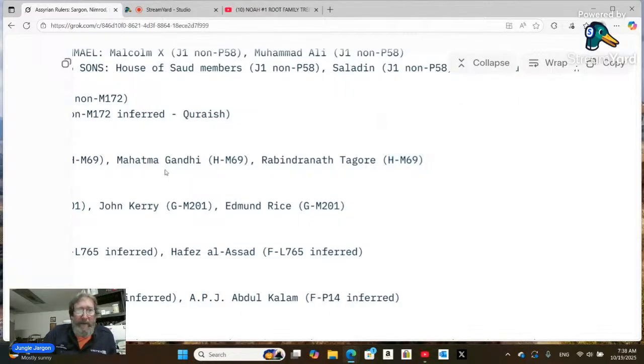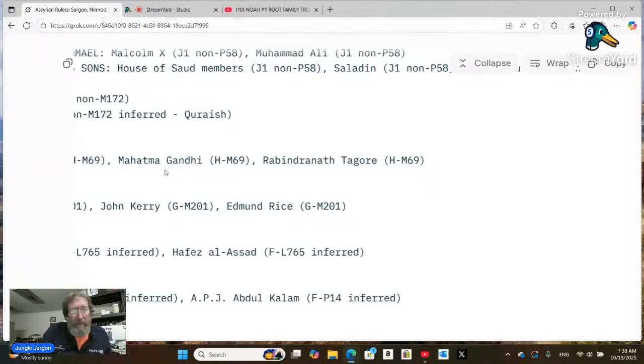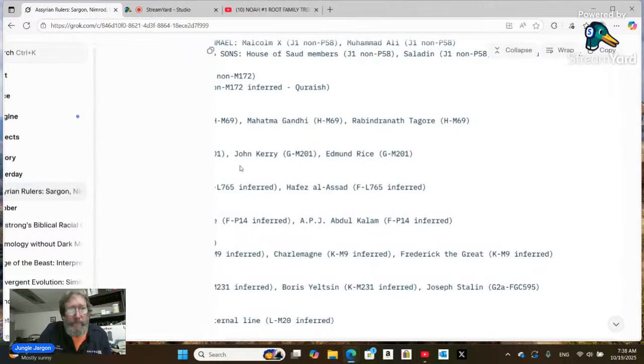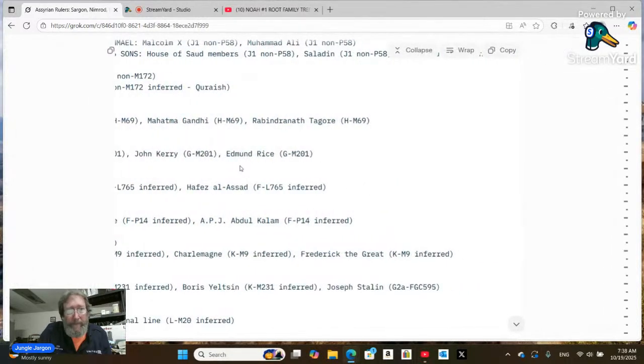Now, if I can only get this thing to scroll right. But it's not cooperating. But anyways, this is G. This is Asher. John Kerry, Edmund Rice. Asher.